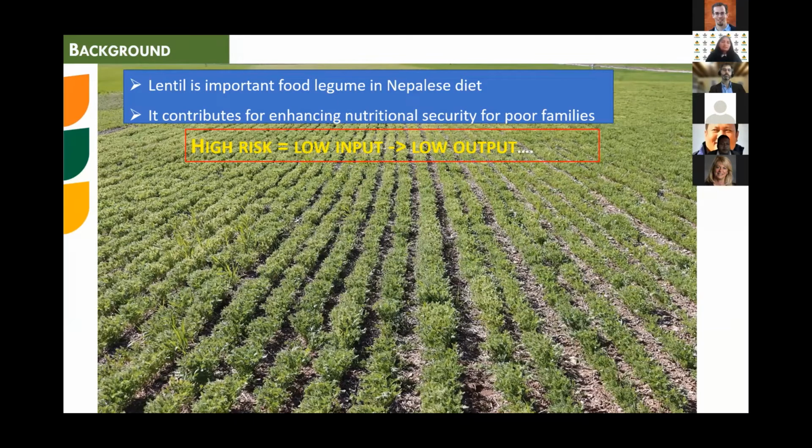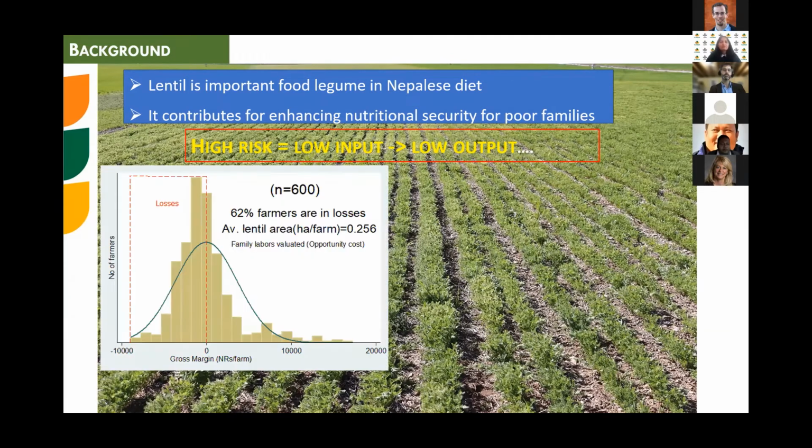This is a study that we conducted in the 2015 cropping season from 600 farm households, and it showed that about 62% of farmers are at a loss if we account for the family labor. So this is again one of the challenges that we are talking about today.